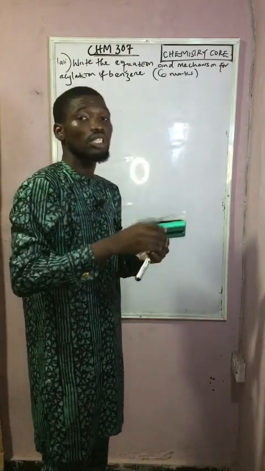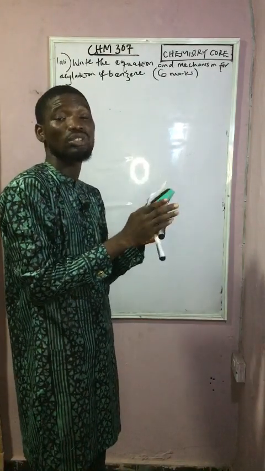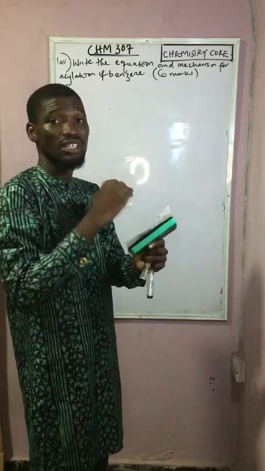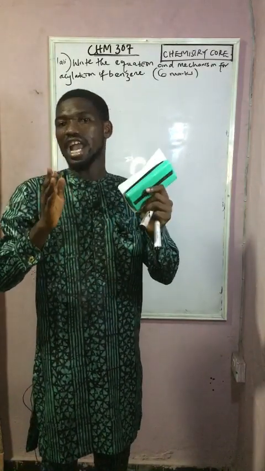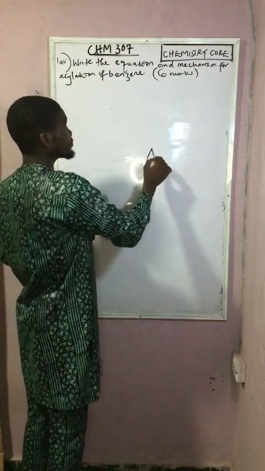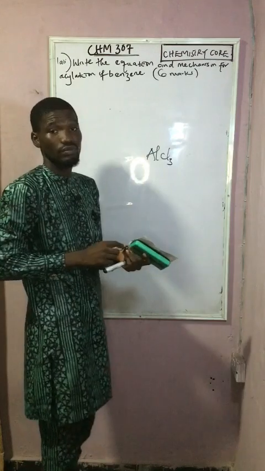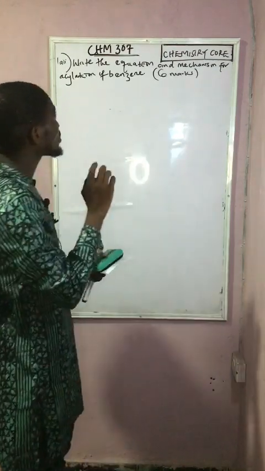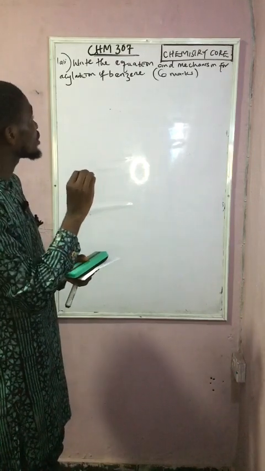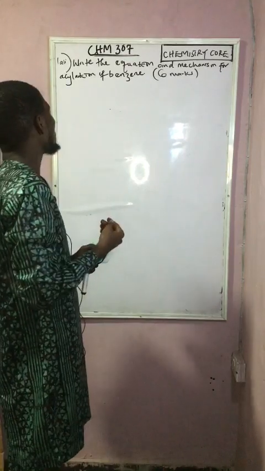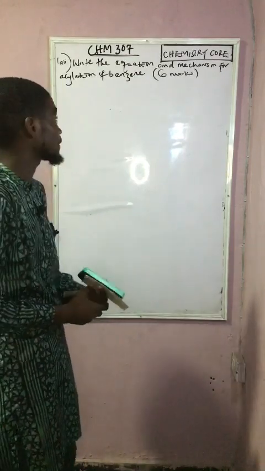One thing you should know, there is a scientist that carries this word acylation and alkylation, which is what we call Friedel-Crafts acylation. For every Friedel-Crafts acylation, it contains an acyl group, and the Lewis acid of that is this. Is that clear now? So now guys, the first thing we are going to do is that you should know how to write the equation, and we are also asked to show the mechanism for acylation of what? Benzene.